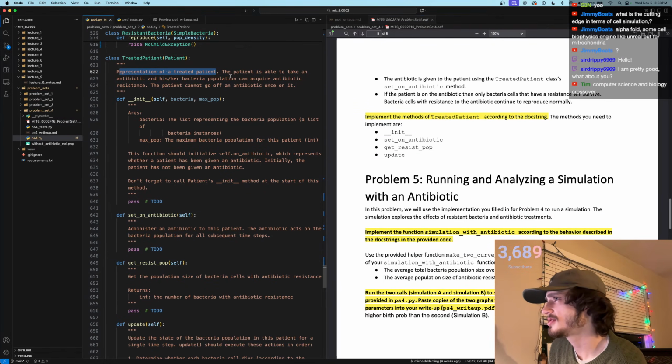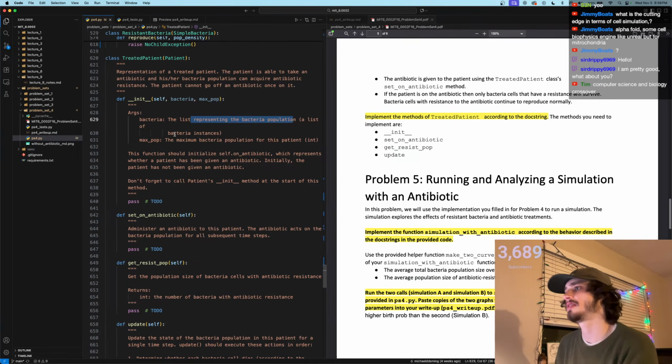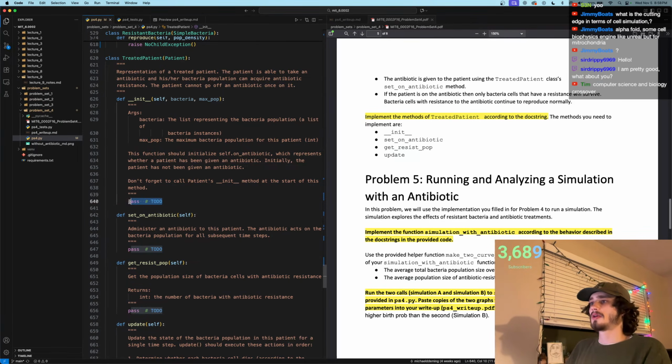Represents a treated patient. The patient is able to take an antibiotic of his or her bacteria population and acquire antibiotic resistance. The patient cannot go off the antibiotic once on it. So bacteria is a list representing the bacteria population, a list of bacteria instances. So self.bacteria is equal to bacteria.